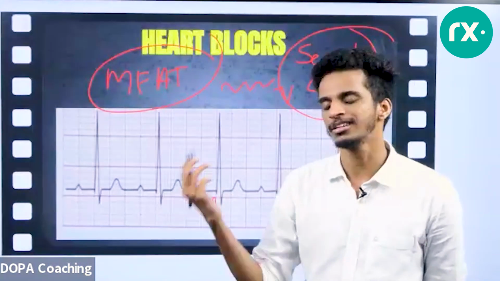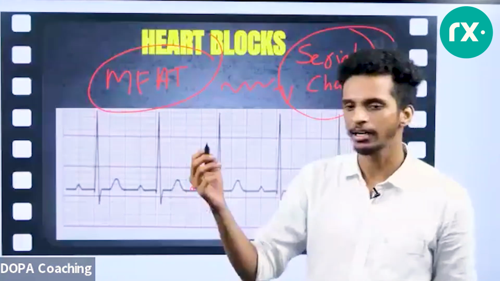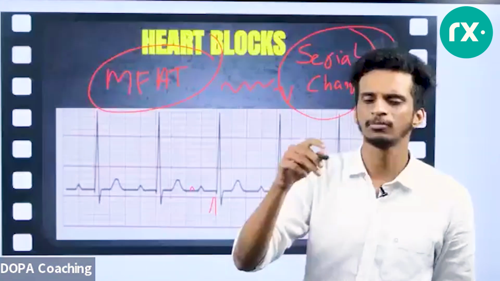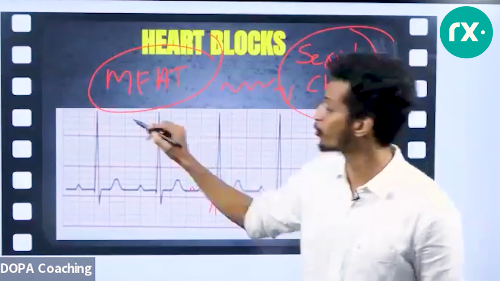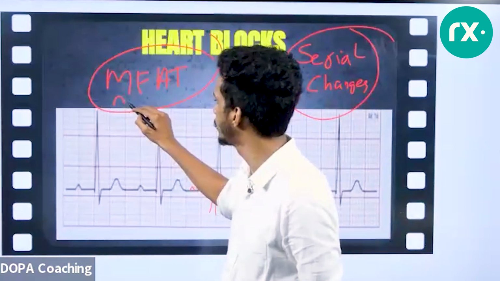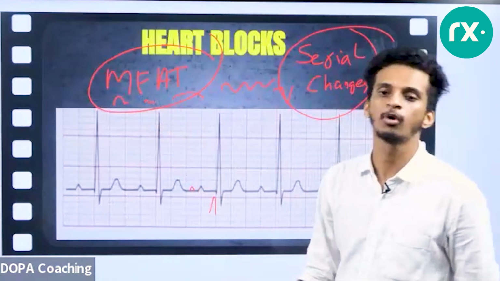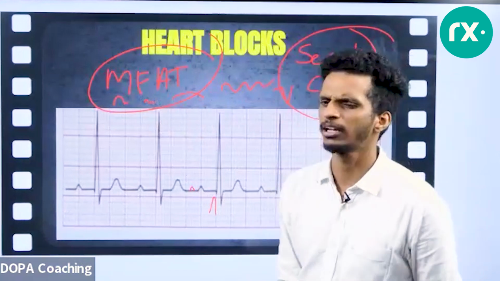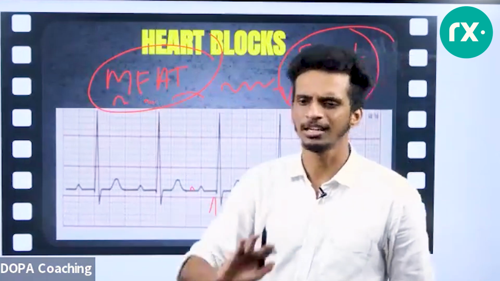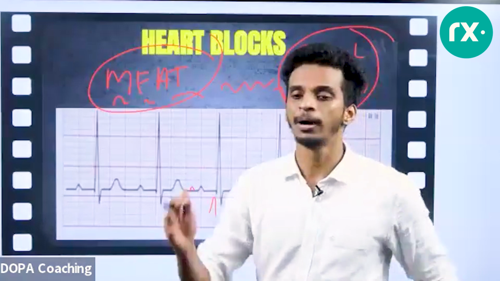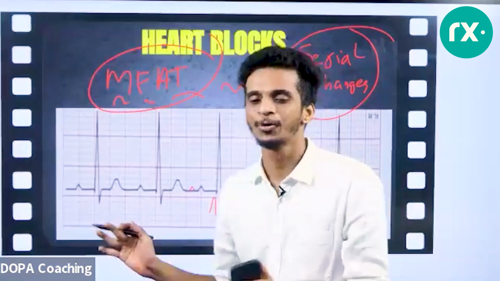Actually, I don't think it's needed at your level. In multifocal atrial tachycardia, we get different morphologies of P waves. Some P waves will be like this, some like this, some like this. Those different morphologies of P waves are called multifocal atrial tachycardia. It's actually needed, but what we are discussing here are the most important things.